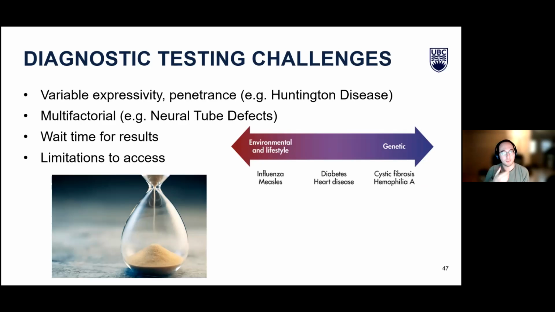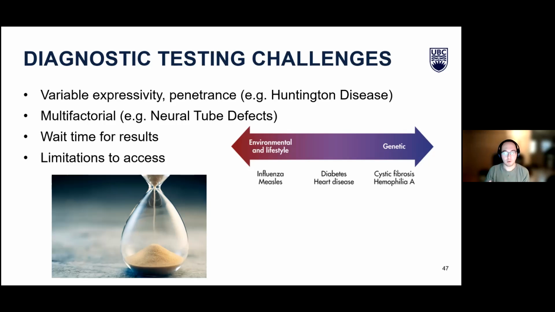So again, that's just part of the challenges we have with genetic testing. There are other problems with diagnostic testing as well. There's something that I didn't really talk about, again, to try to keep things more simple for this talk, which is expressivity and penetrance with genetic conditions. I've got the example of Huntington disease here for penetrance.